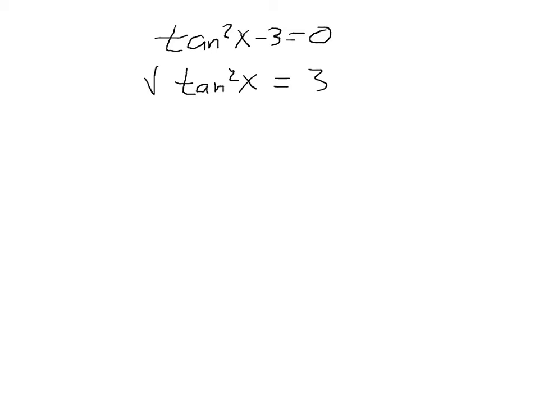At this point, if it was x squared equals 3, we would take the square root of each side. So what we do in algebra, we would do to a trig equation. Square root of tangent squared is tangent x equals, and now we have to remember here, because we took the square root, it would be positive or negative square root of 3.